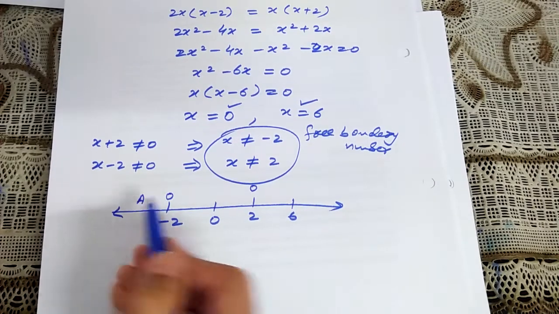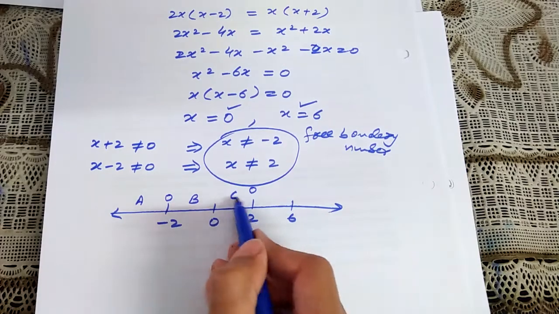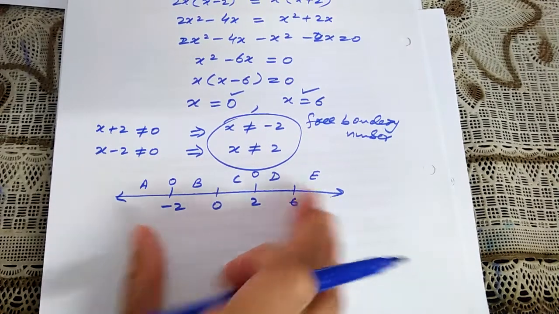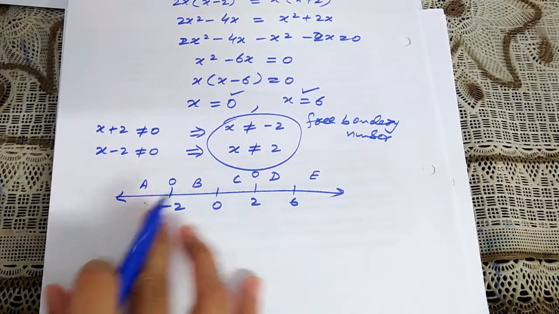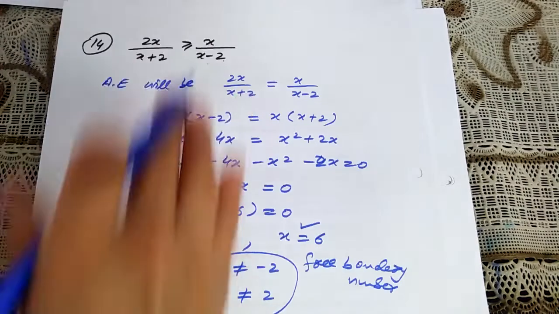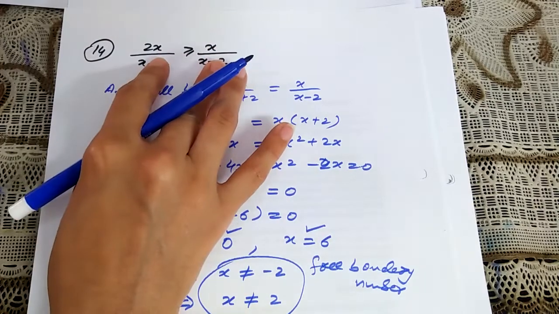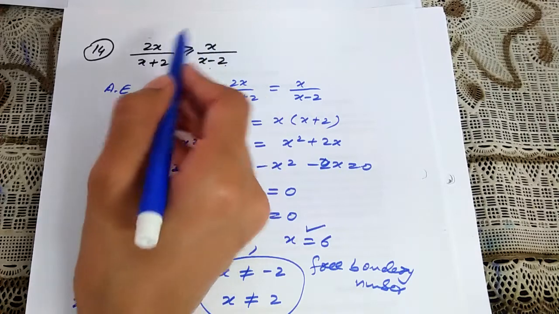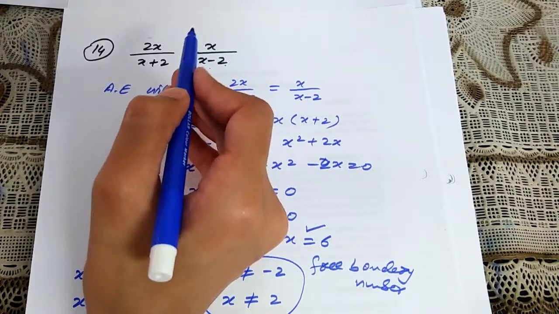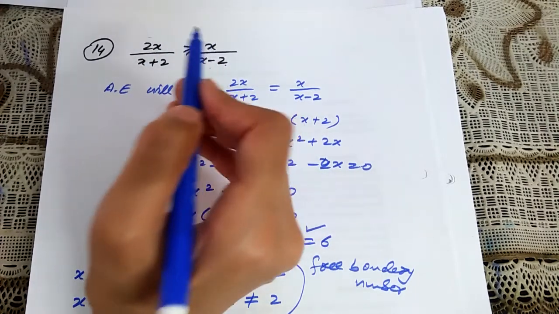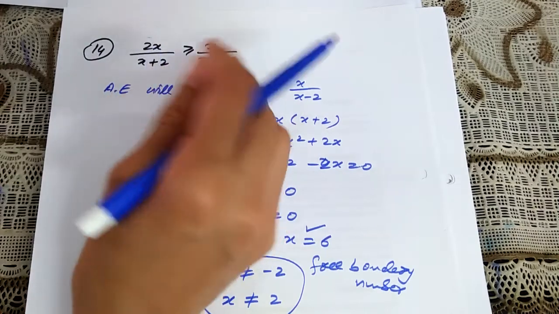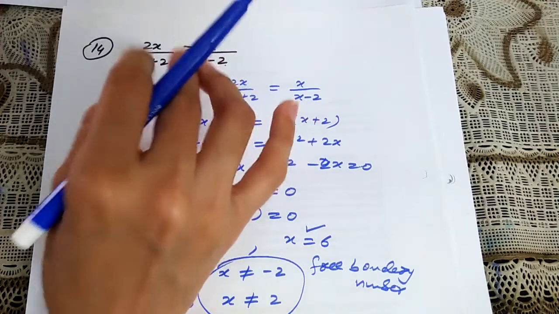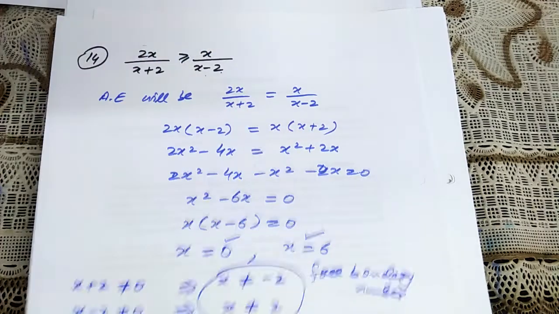This is region A, this is region B, C, D and E. Now check all the regions: take any point from these regions and put it in this inequality and observe whether this term is greater than or equal to this one or not. If it is, then this region is included in your solution set. If the value of x does not hold this inequality, that region is not included in your solution.